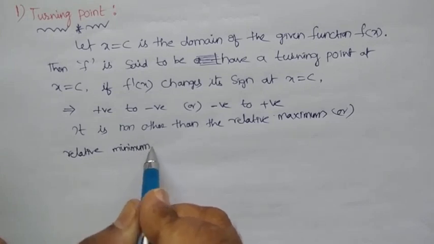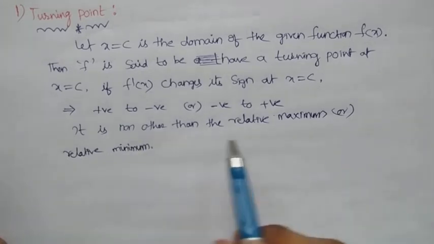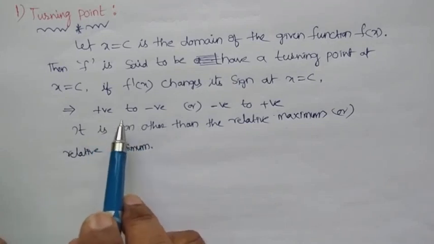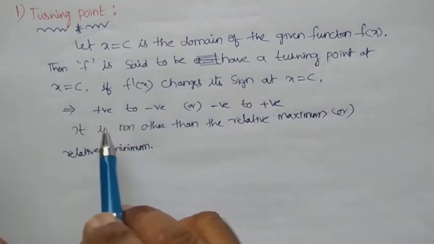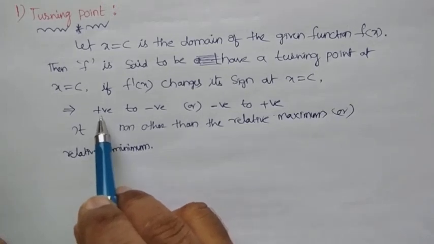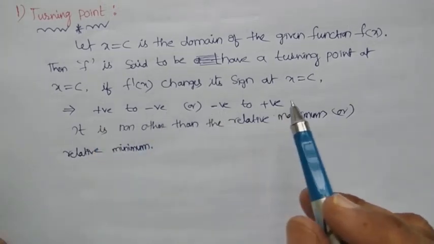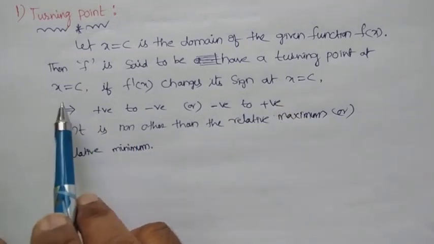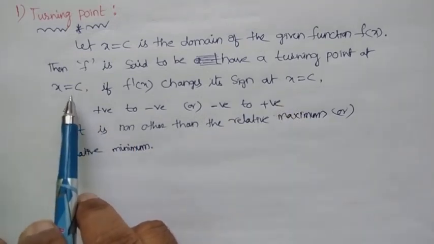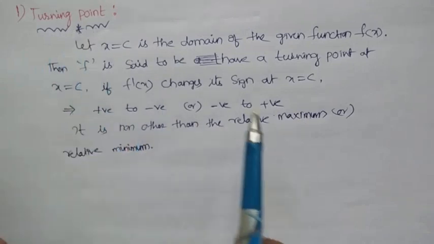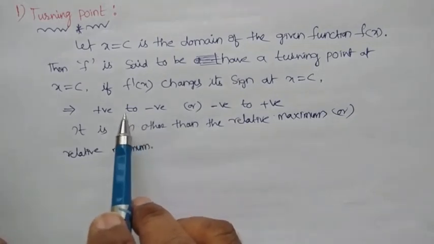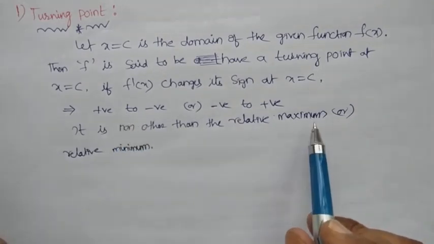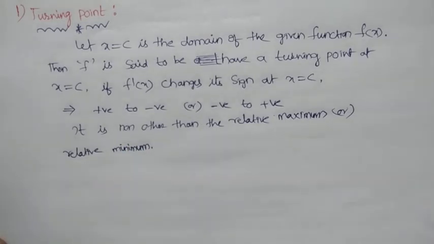So in these two cases only we find the sign change, at a relative maximum point or a relative minimum point. The sign changes from positive to negative or negative to positive at that particular point, which is called a turning point for the given function. So in this situation the relative maximum or relative minimum is involved.